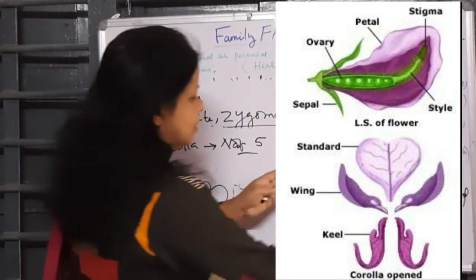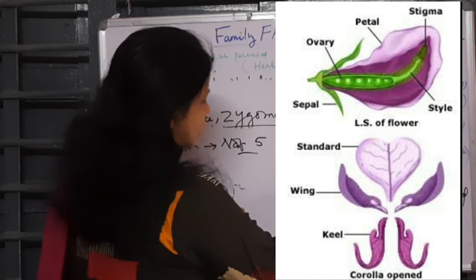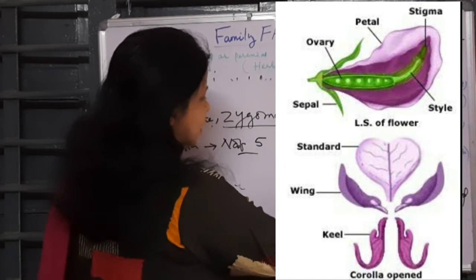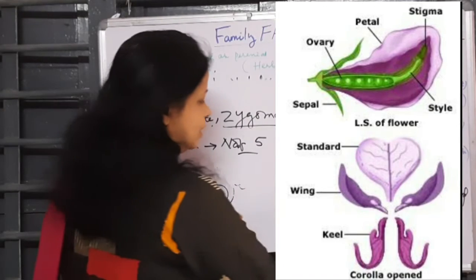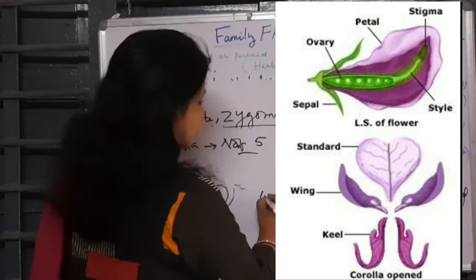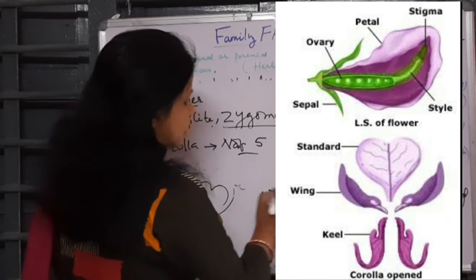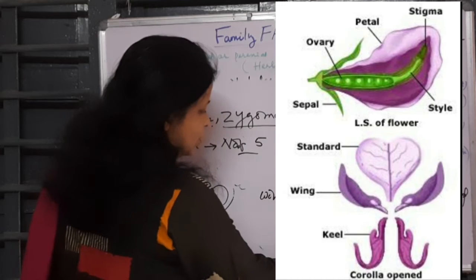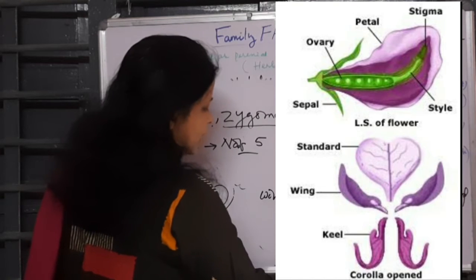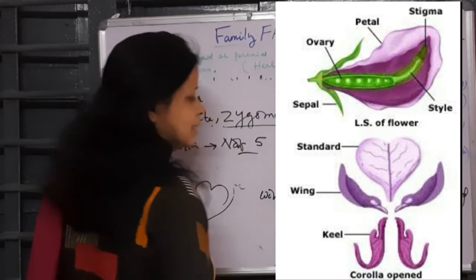And on the lateral side, either side of this vexillum, 2 wings are there. These 2 are called wings. And innermost and very small, 2 are unitedly present, the keel.